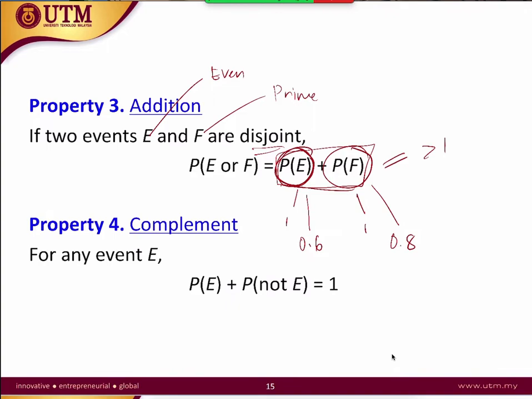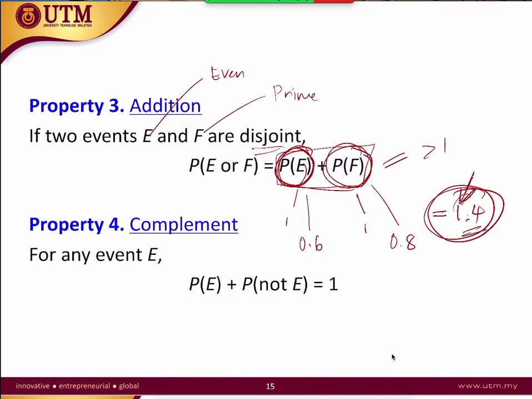So the probability of both events happening is 1.4. For this value, we are allowed to have a number that is more than 1. Why? Because these two events are actually two separate, totally different events.